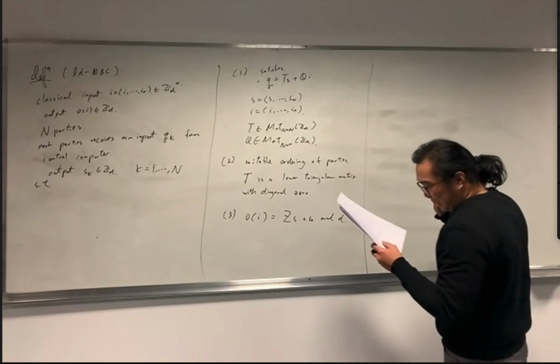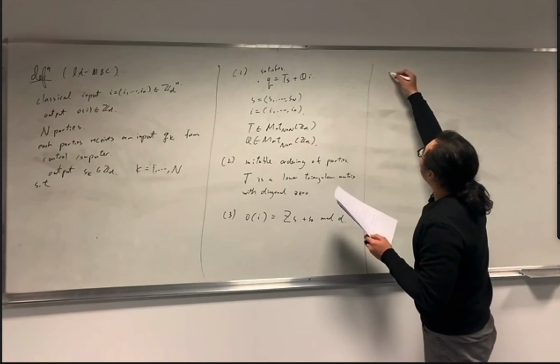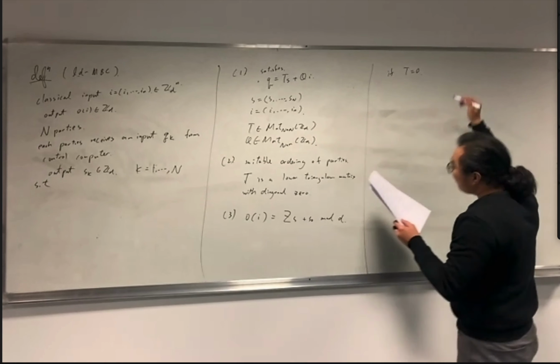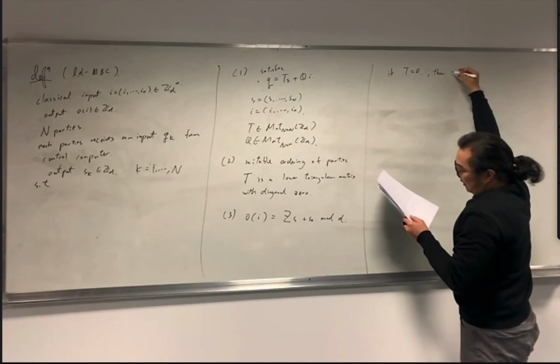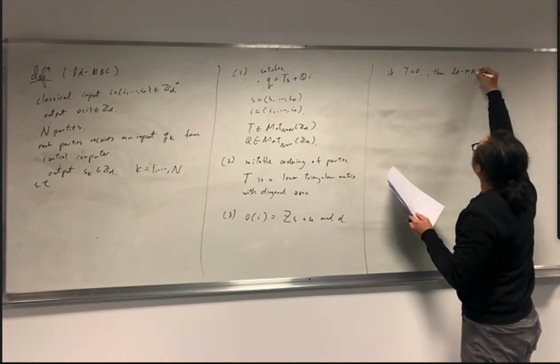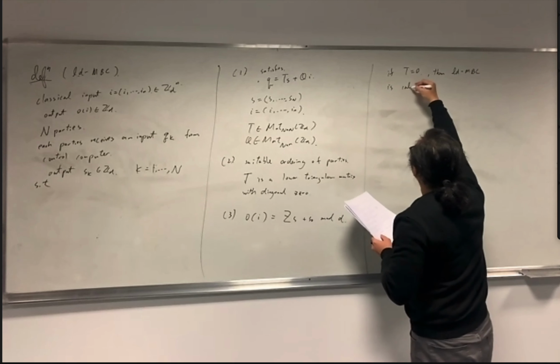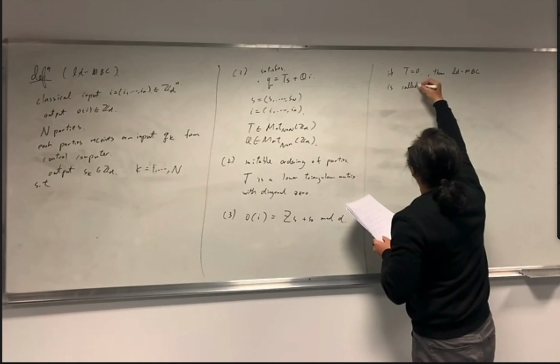Okay, and that's a thing. If T is a zero matrix, then the whole scheme is called temporally flat.